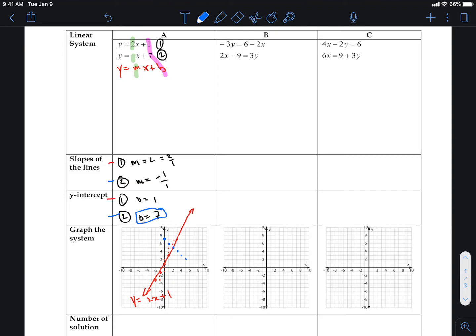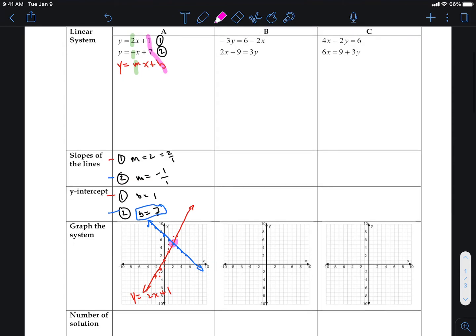Okay? And the opposite of that we said was going up 1, left 1. And then from there we're able to identify our point of intersection. Okay? There's one single point of intersection. That's because you have two different slopes, two different y-intercepts.